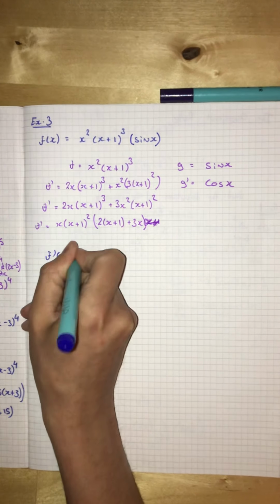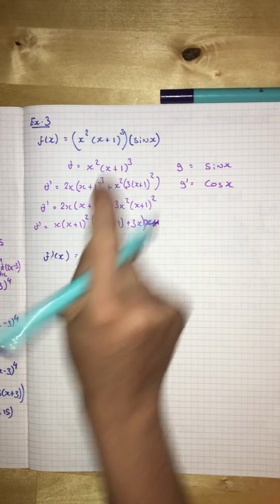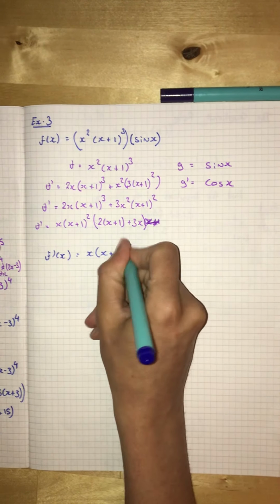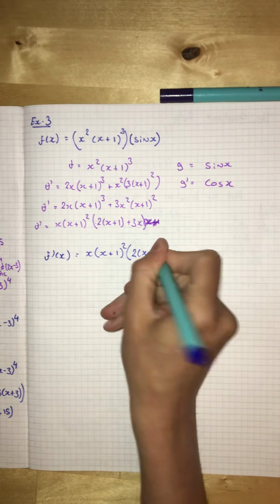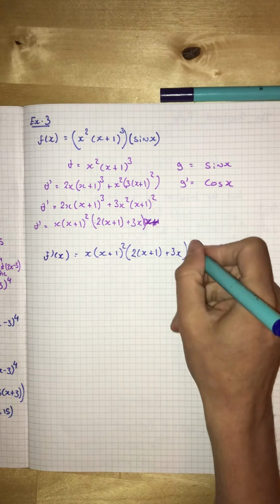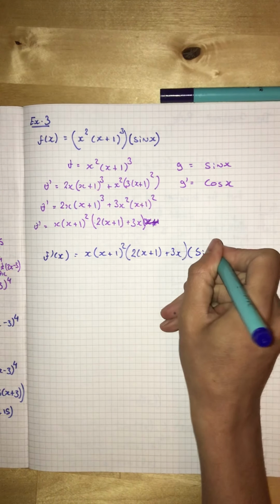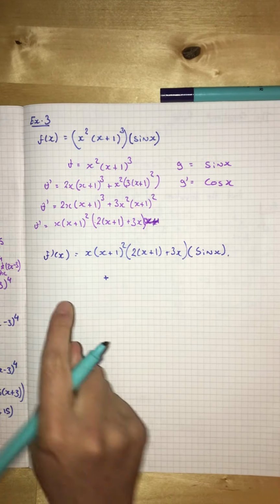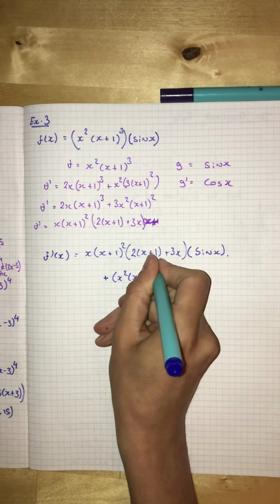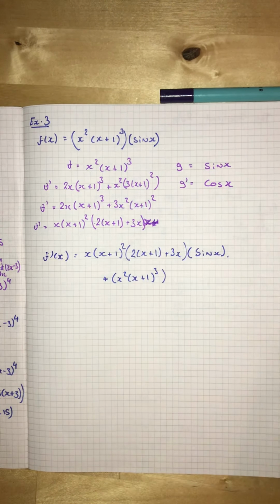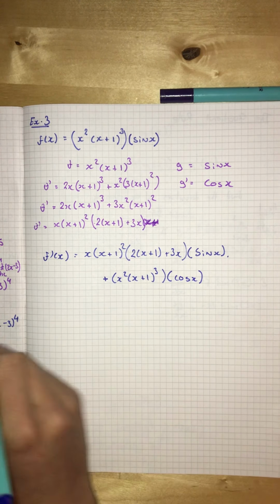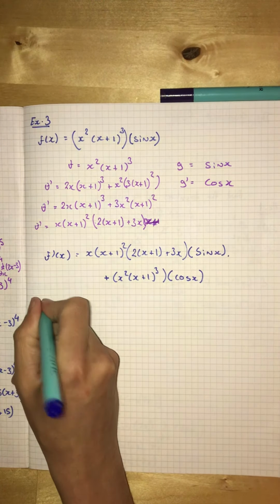Okay, so now f dashed x, if we differentiate this first one, we've fully got this. So we'll have x(x plus 1) squared (2(x plus 1) plus 3x) times by leaving the first one, all adding, leave the first one, differentiate the second one. Okay, and then we can see if we can do anything to simplify it.